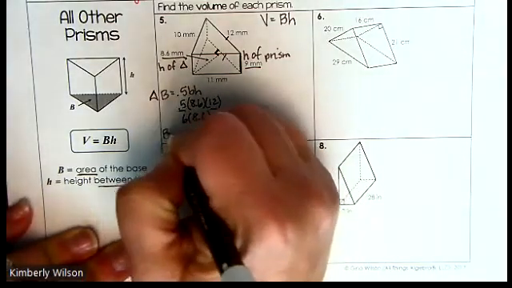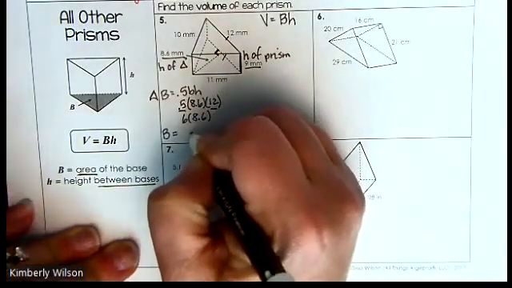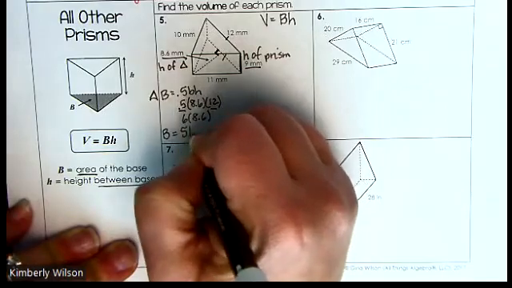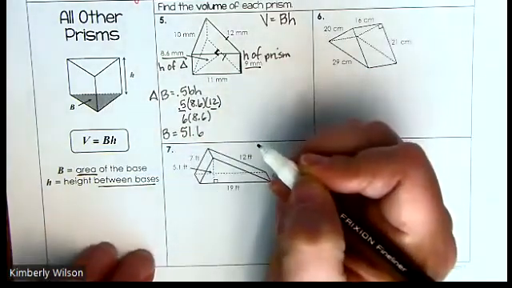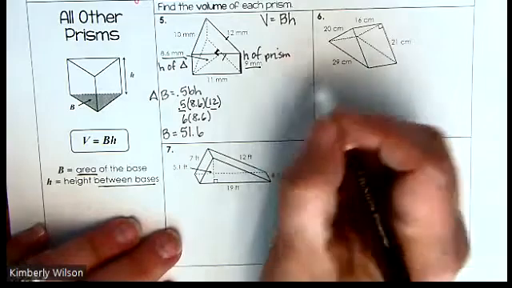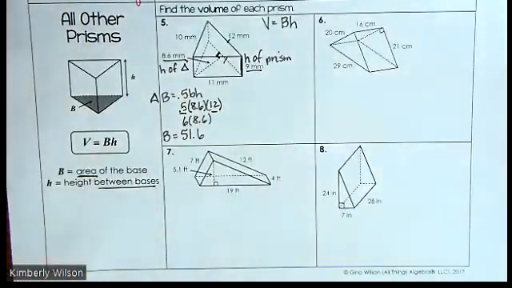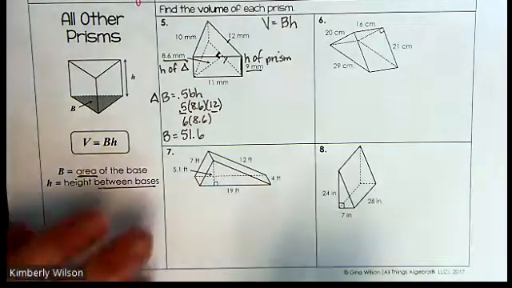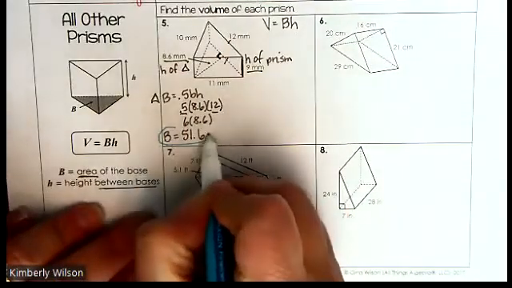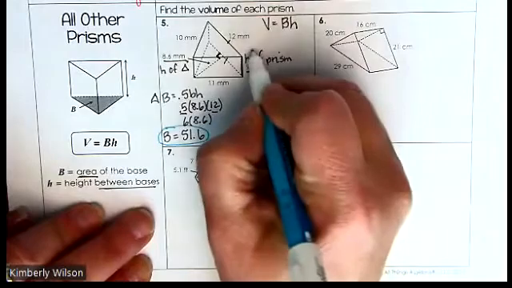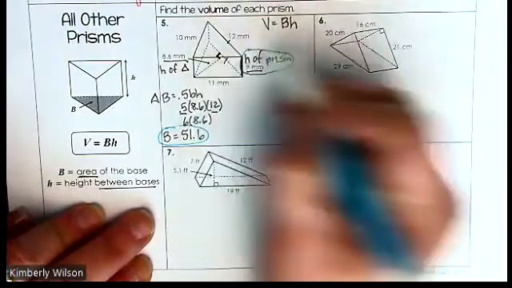So therefore, the capital B is 51.6. That's the area of the base. Now I bring that up here. And I now plug in that information because I know what that capital B is, and I know what my height of the prism is.